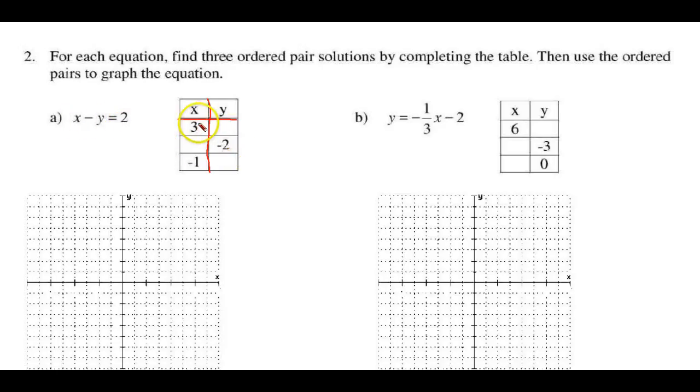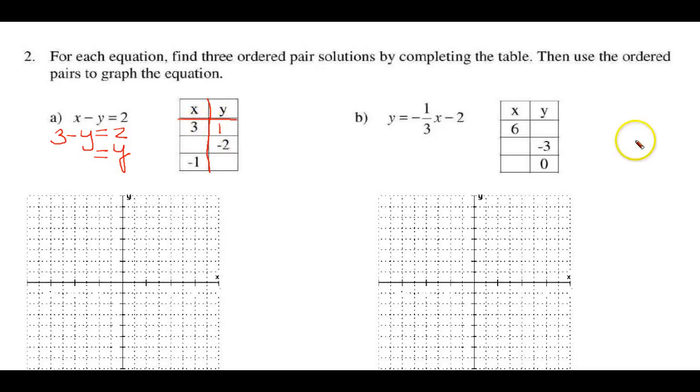So what we need to do is substitute in this equation the value for x, which will be 3, minus y equals 2. Well, I'm going to bring the y over to this side to make it positive, and the 2 over here to make it negative. So 3 minus 2 is a 1. So I've found that value.